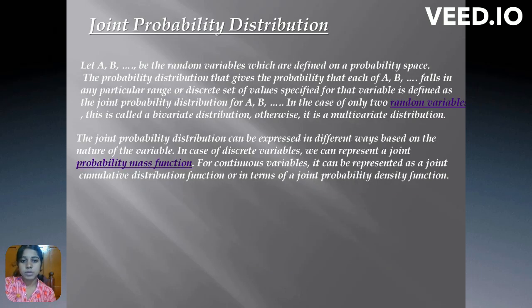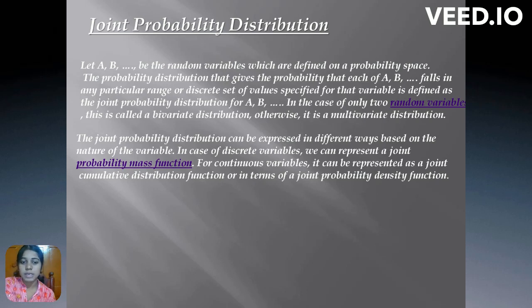Next topic is joint probability distribution. Let A and B be random variables which are defined on the probability space. The probability distribution that gives the probability that each A, B falls in any particular range or discrete set of values specified for the variable is defined as the joint probability distribution. In the case of only two random variables, this is called a bivariate distribution.